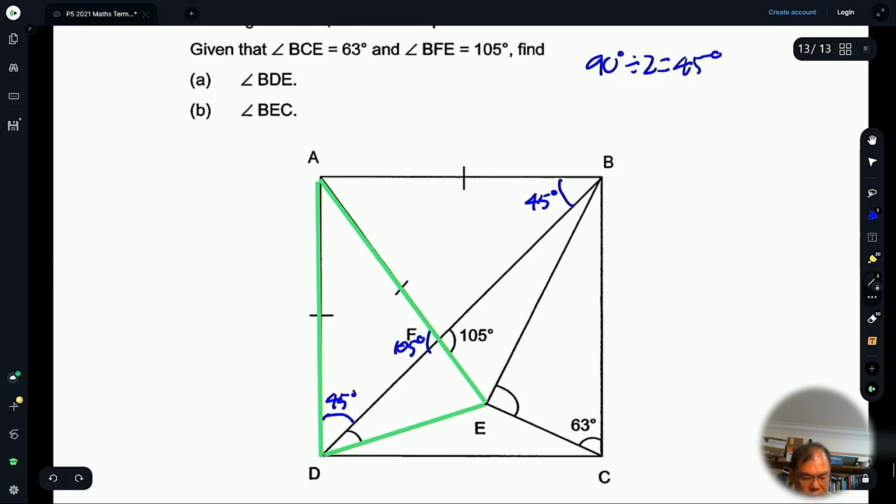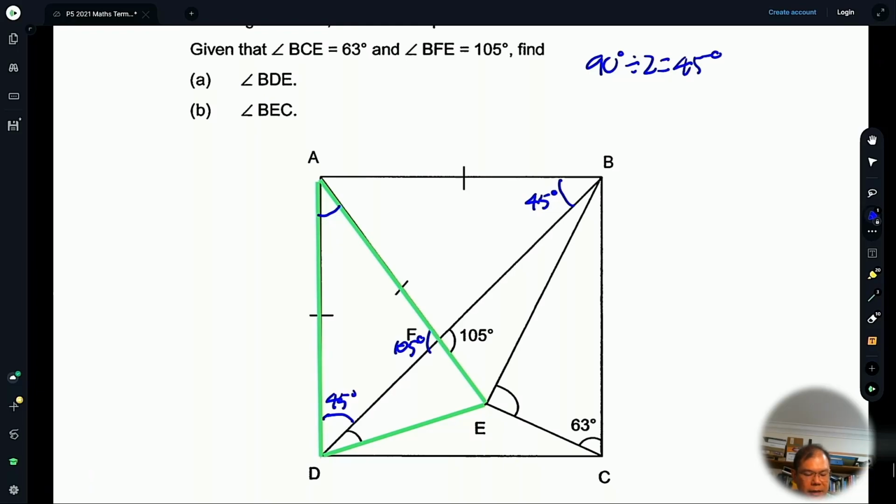Now if I know this angle here, then I can know this angle, and angle BDE would just be this big angle minus 45. So my first job here is to find this angle here. I'm just going to erase the unnecessary marks first. So how do I find this angle here?